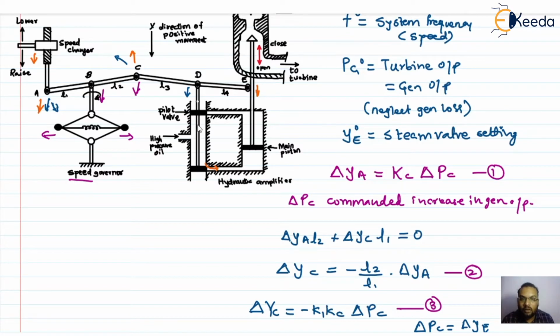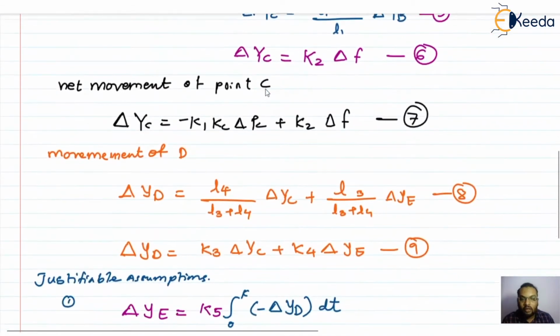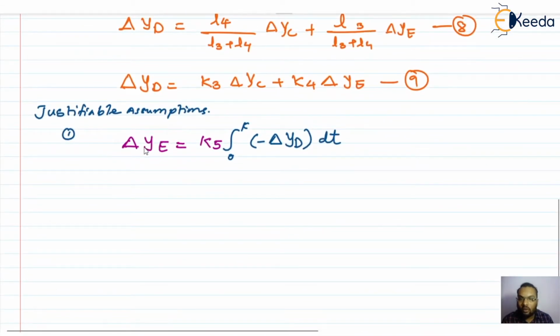But when it moves downward, it will push this point E upward. So there are opposite directions. If point D is moving downward, point E should move upward, so the movement of point E is upward. So we should get a negative movement here. To get a negative result for this point E, I'm putting the negative sign here.